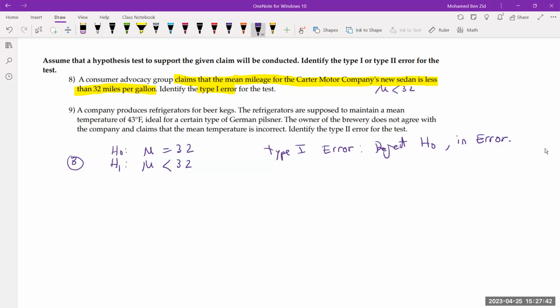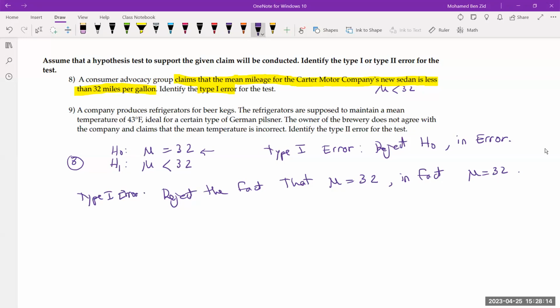Here, rejecting H0 means rejecting the fact that the mean equals 32. And in fact, the mean actually is equal to 32. So you reject it, but when you check, the mean is 32. So this is type 1 error for our example. I hope this is clear.